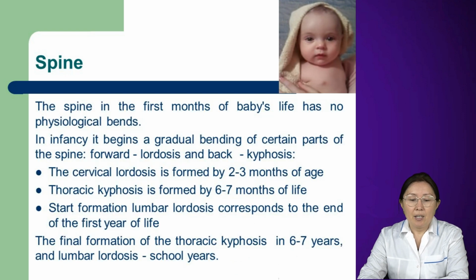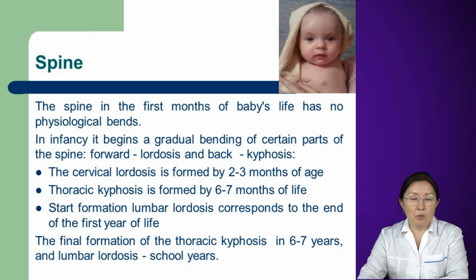Spine in children. The spine in the first months of the baby's life has no physiological bends. In infancy, a gradual bending of parts of the spine begins: forward, lordosis, and backward, kyphosis. The cervical lordosis is formed from 2 to 3 months of age.